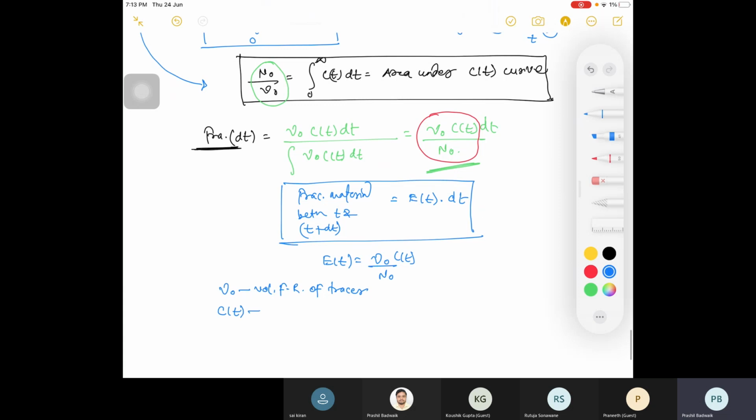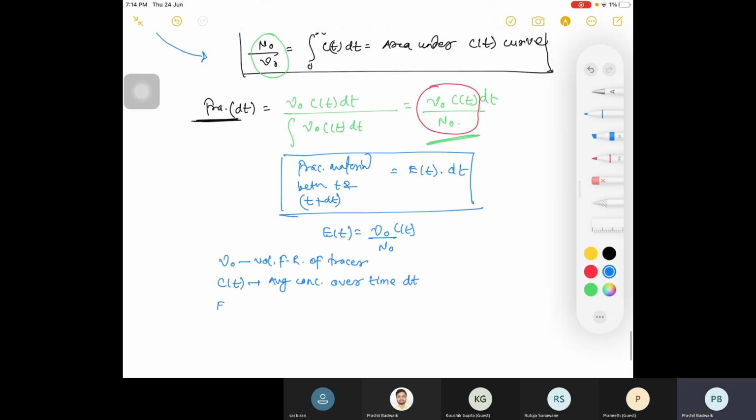Ct is the average concentration over time dt, and Et is the exit age distribution function. These terms are new to you, but when you get familiar with them, you will understand a lot of things.